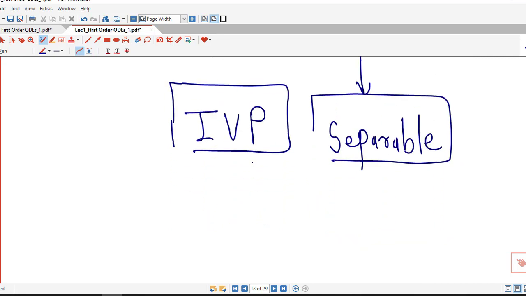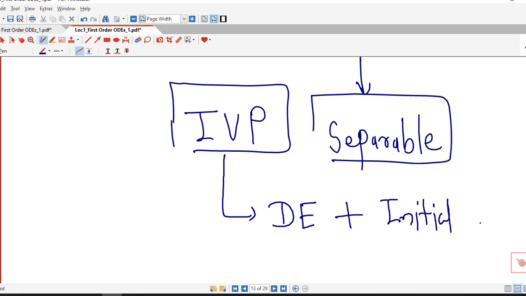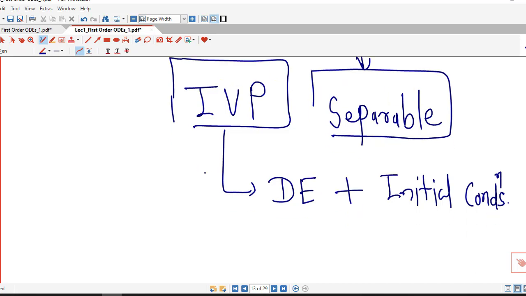So an initial value problem means a differential equation and initial conditions. A differential equation together with some initial conditions is known as an initial value problem. Now the number of initial conditions will be equal to the order of the differential equation. If our differential equation is of order n, then the number of initial conditions is equal to n.